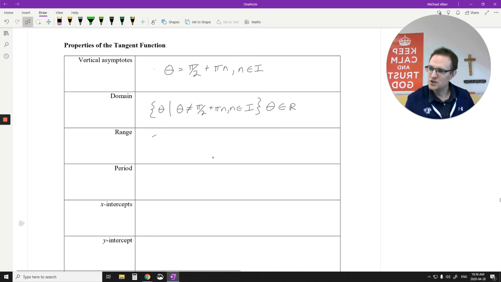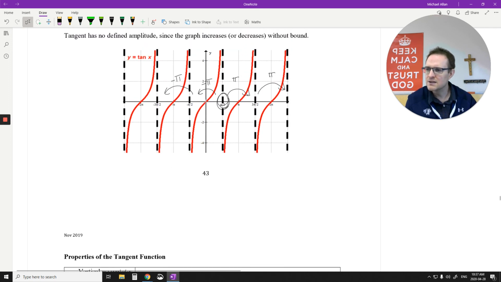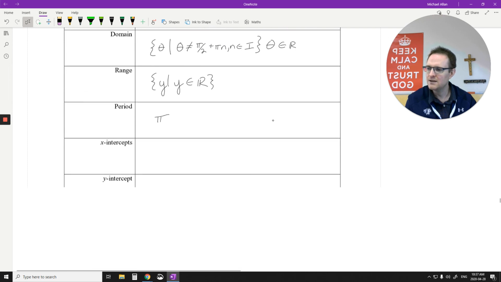My range is different from the previous ones. My range actually is y an element of the reals. There's no minimum, there's no maximum. It goes on forever upwards, down forever. The period, which we already discussed, is pi. And x-intercepts, where do they start? Notice that they start at 0 and then every 180.